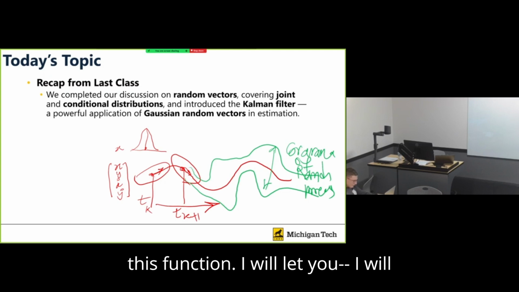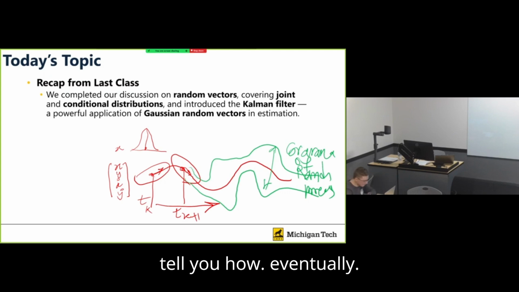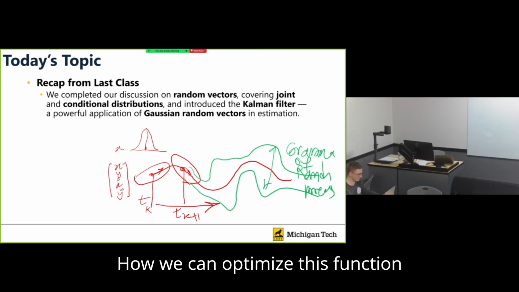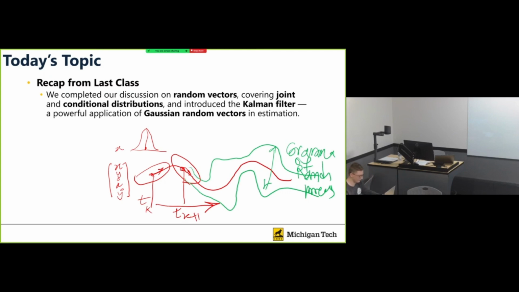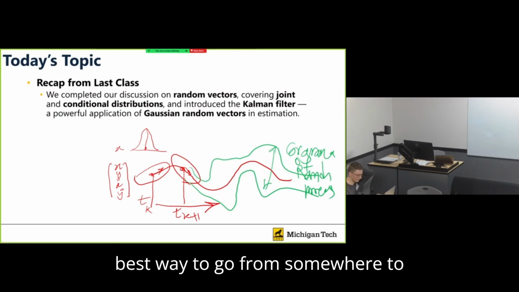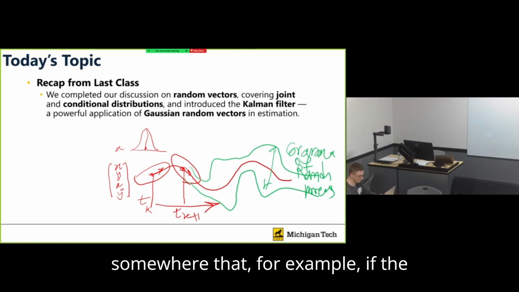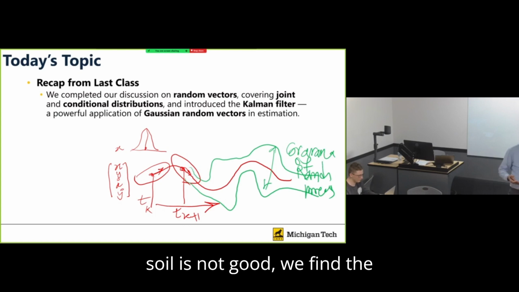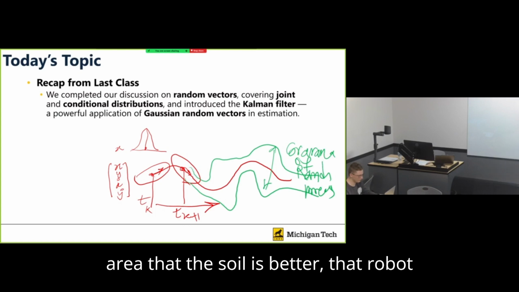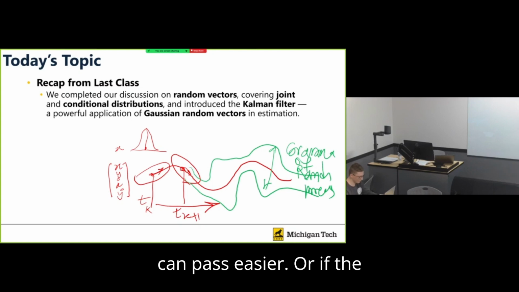You can optimize this function. I will tell you how eventually. How we can optimize this function that, for example, makes the best way to go from somewhere to somewhere. For example, if the soil is not good, we find the area where the soil is better, that the robot can pass more easily.